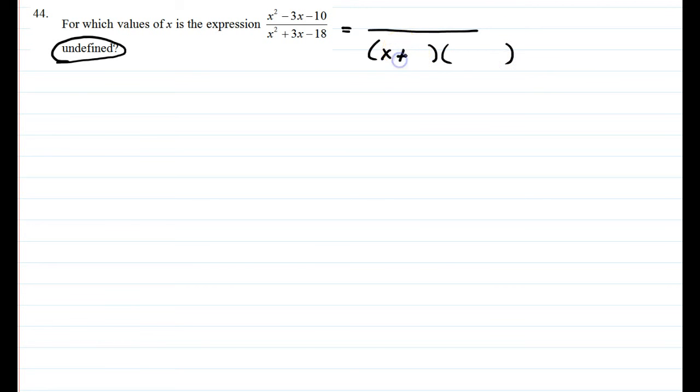So that's going to be a positive 6 and a negative 3. And so what makes this 0? And what makes this 0? So the values that make it undefined are negative 6 and positive 3.